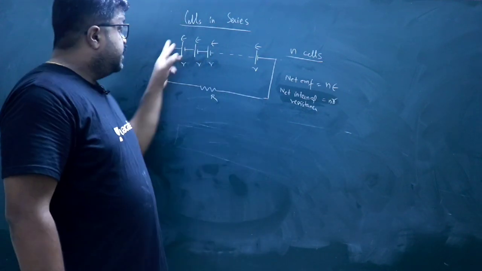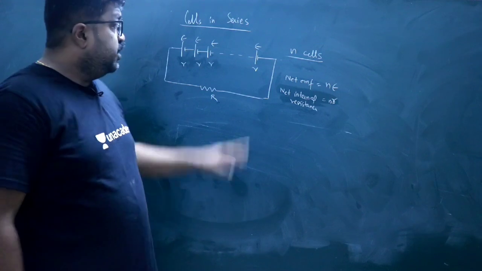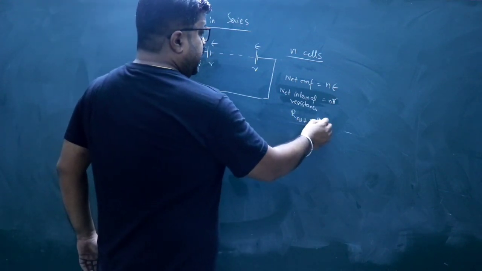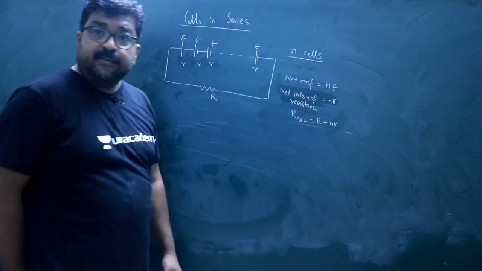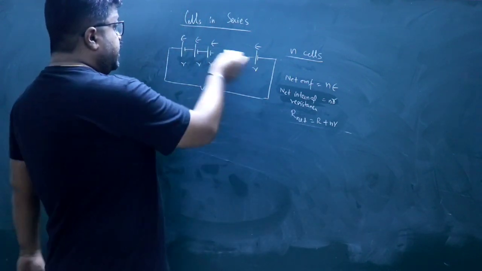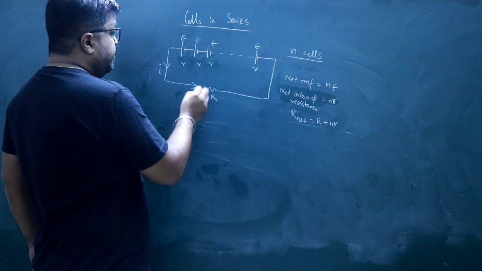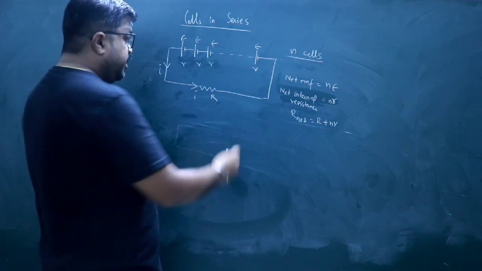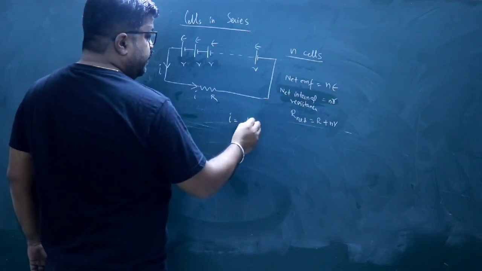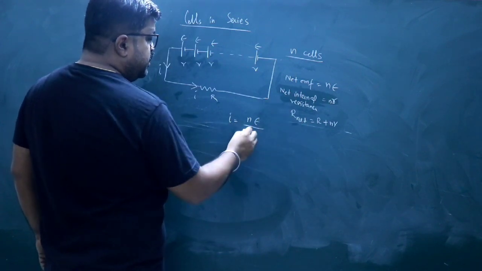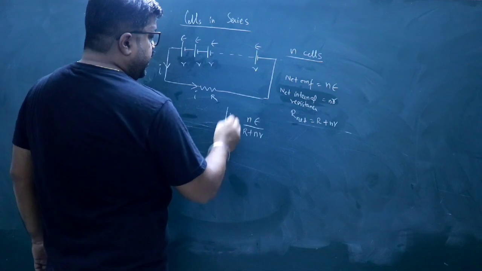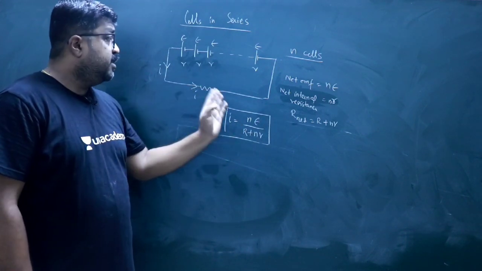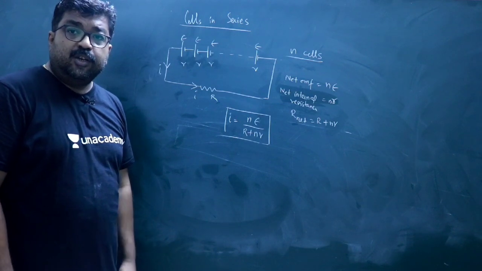And this is connected in series with R, so effective resistance will be R plus nR, isn't it? So the current will flow in this direction, I. The current flowing through this resistance R will be I equal to net EMF divided by total resistance, R plus nR. So this is the effective current flowing through this cell combination.